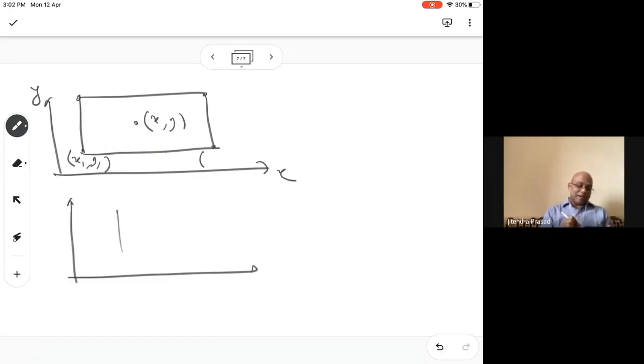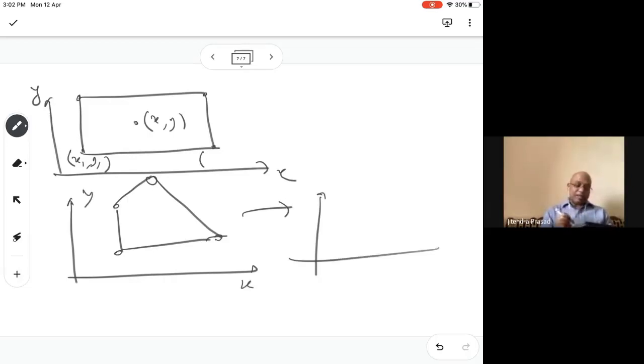If it is a random shape like this, then you are transforming from the XY system to the xi eta system, and in xi eta it is going to be a square, right?